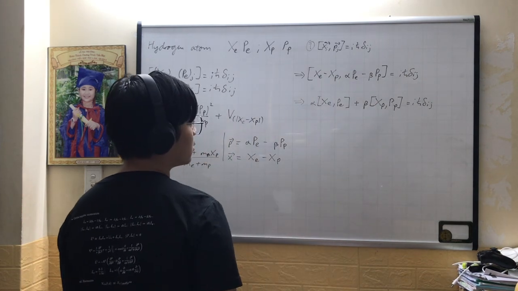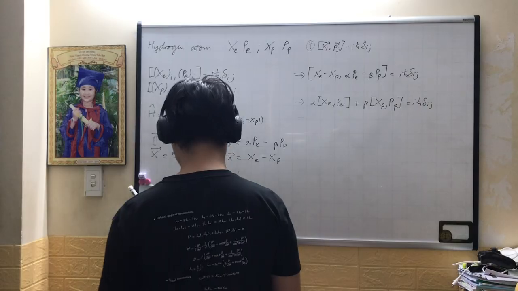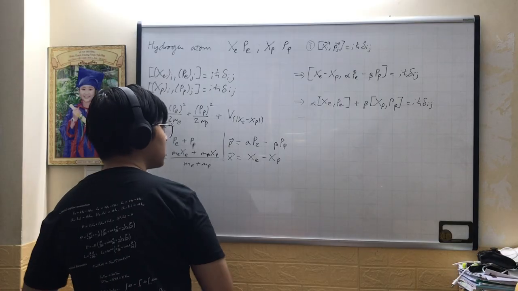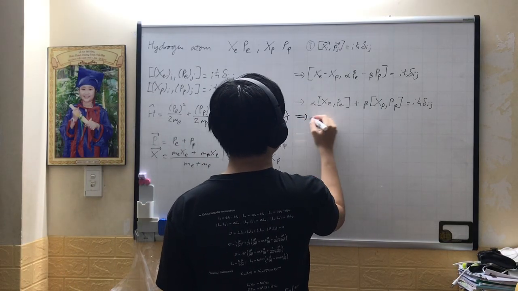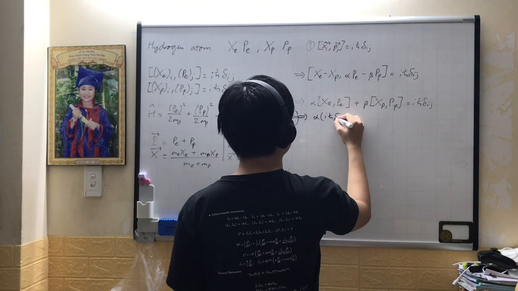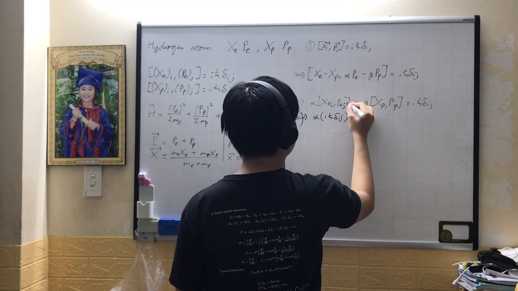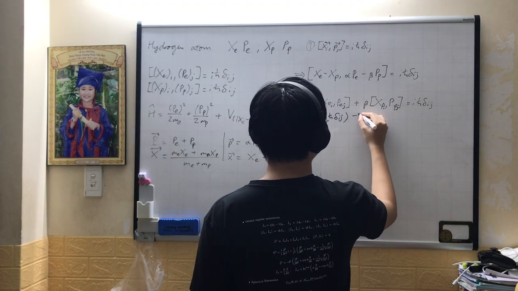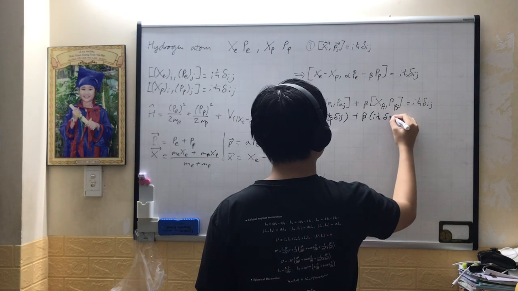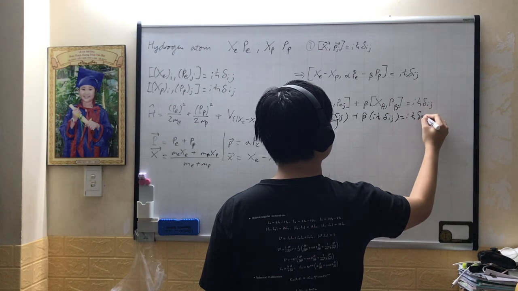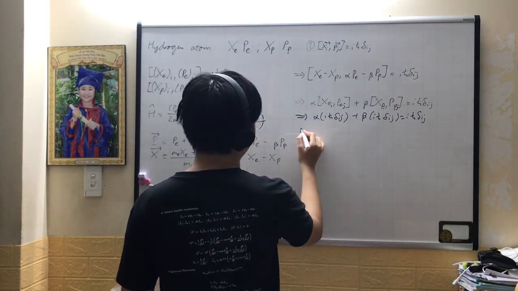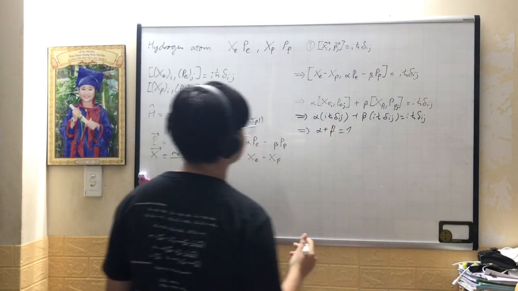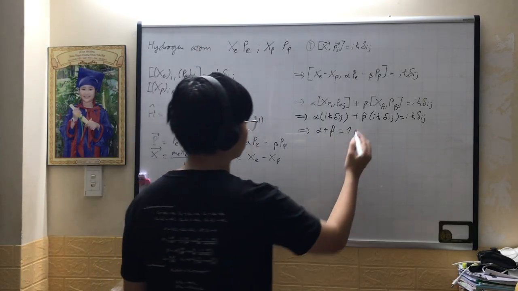What that gives us is alpha times i h-bar delta_ij plus beta i h-bar delta_ij is equal to i h-bar delta_ij, which you can group, and that would equal 1. So I'll just write that right away. This is the first thing that you want.